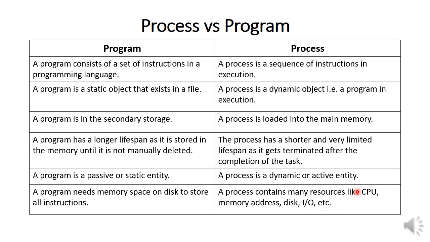For example, CPU is needed to execute the process, and also memory addresses, because a process resides in a working memory or random access memory. The CPU must use the memory addresses to execute it, and also the process needs input devices or output devices.